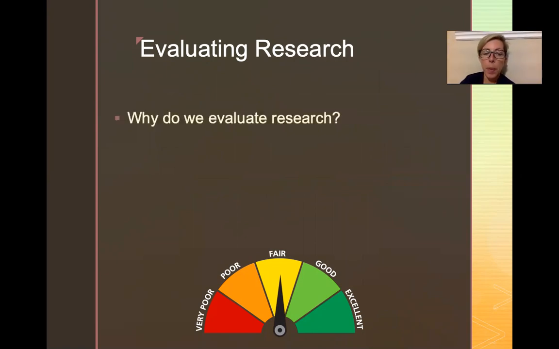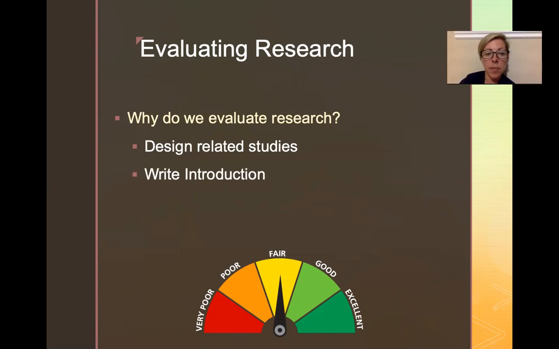So why do we evaluate research? One of the reasons is to design related studies. So if we are trying to figure out what worked and what didn't work in previous studies, we want to evaluate what they did that worked, what they did that didn't. We evaluate research to figure out how to set up our lit review for our introduction.